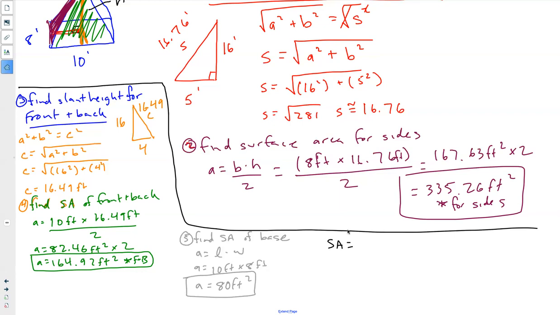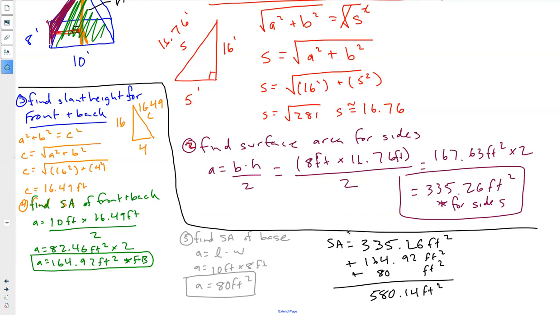So we have 335.26 square feet for the sides, plus 164.92 square feet for the front and the back, plus an 80 square foot base, for a grand total of 580.14 square feet. Now the answer is asking us to calculate it to the nearest square foot.